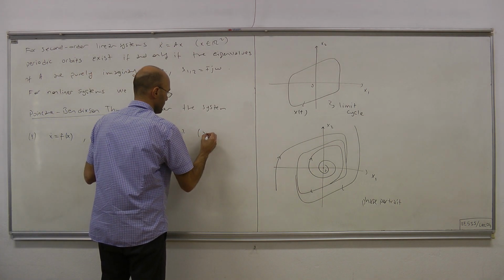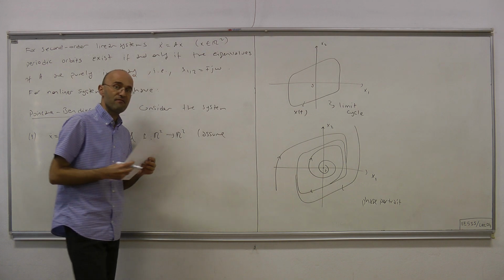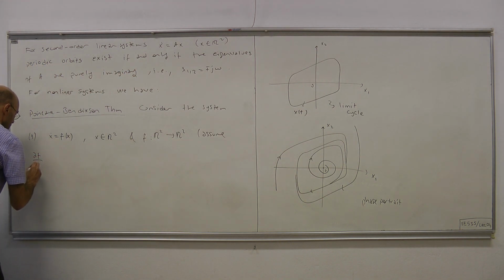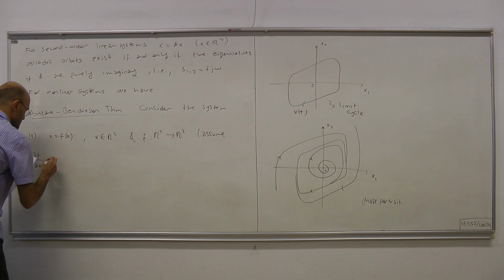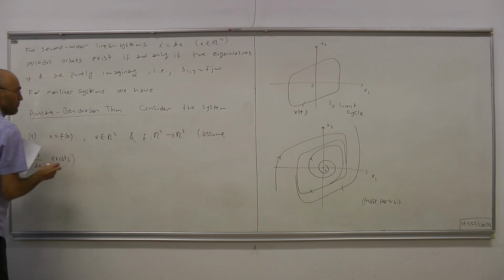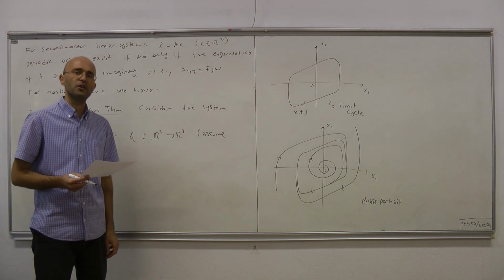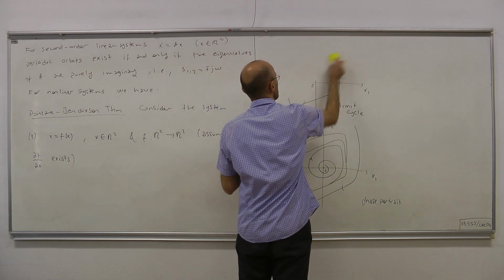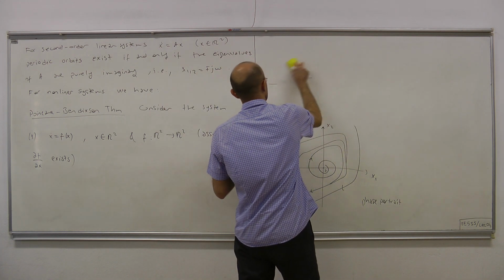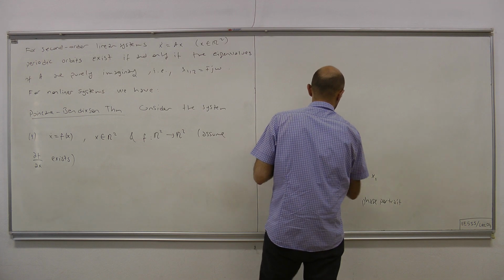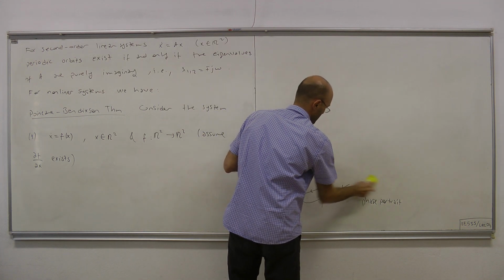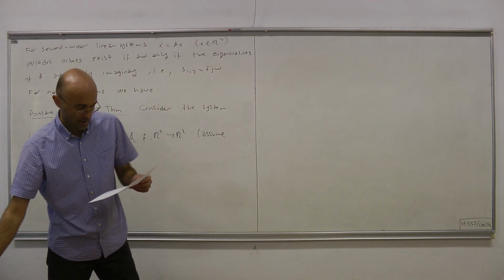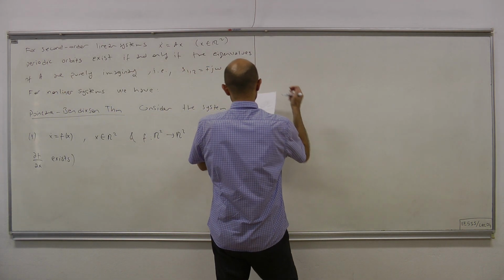And assume that f is differentiable, that is, assume the Jacobian exists, which is a reasonable assumption for many situations. And suppose that for that system, we find a subset, a domain of the real plane R2, and it satisfies certain properties, which we will list now.